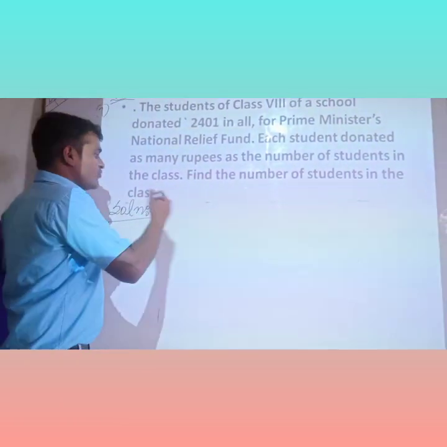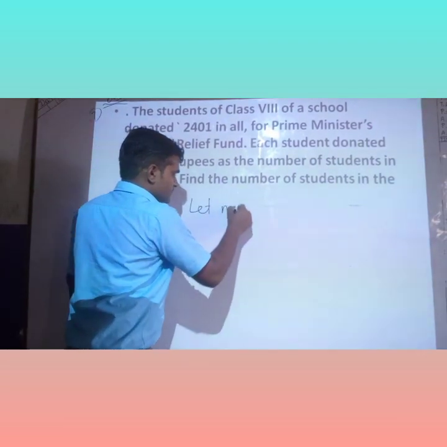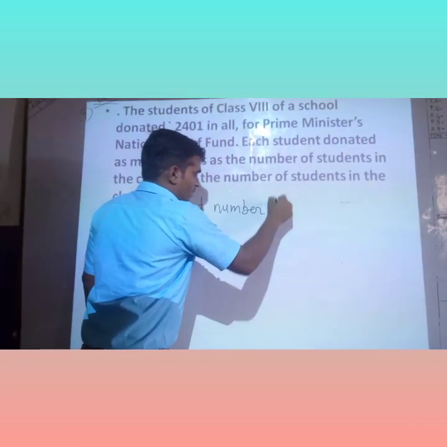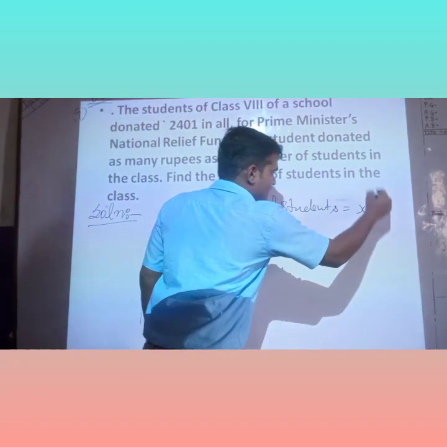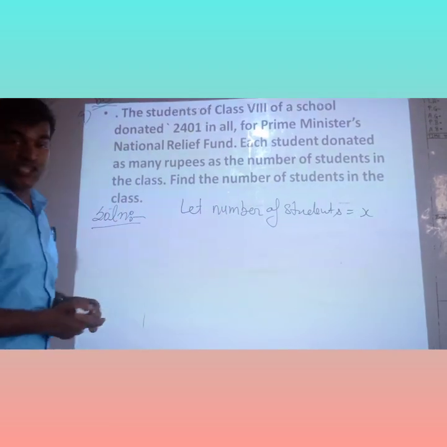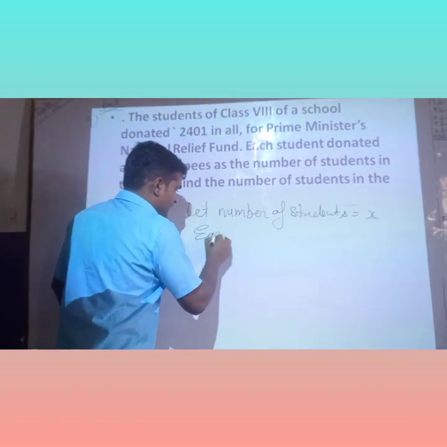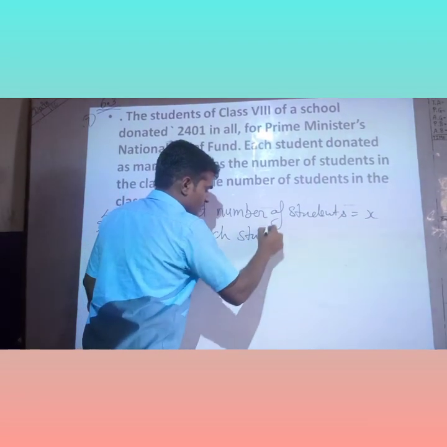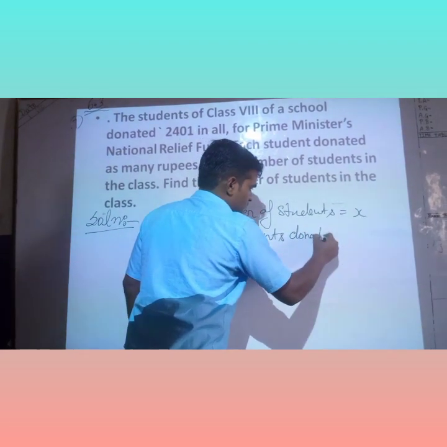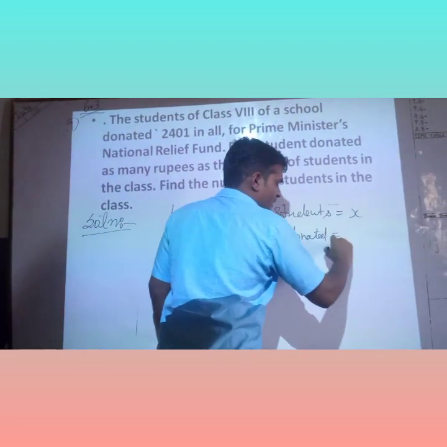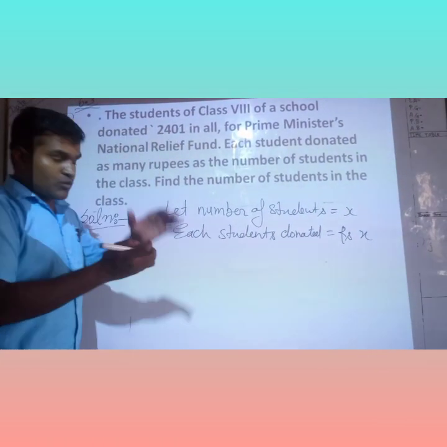So children, first we will consider the number of students. Let the number of students be x. If there are x students, each student donated x rupees, because they donated equal amounts, as many rupees as the number of students.